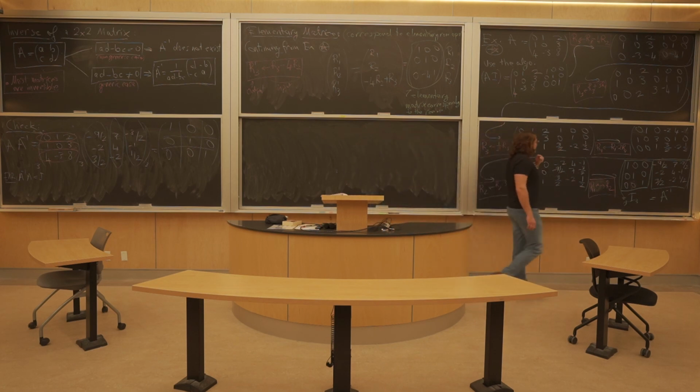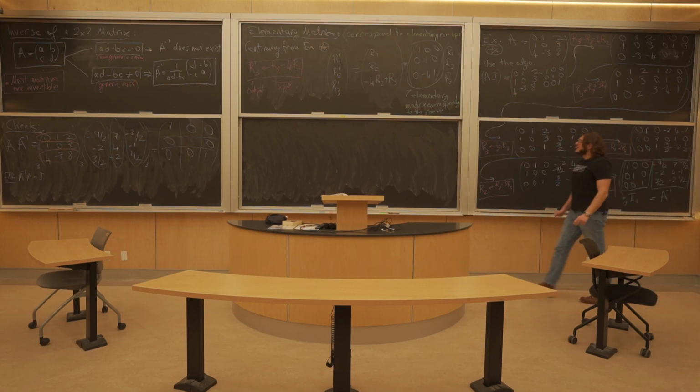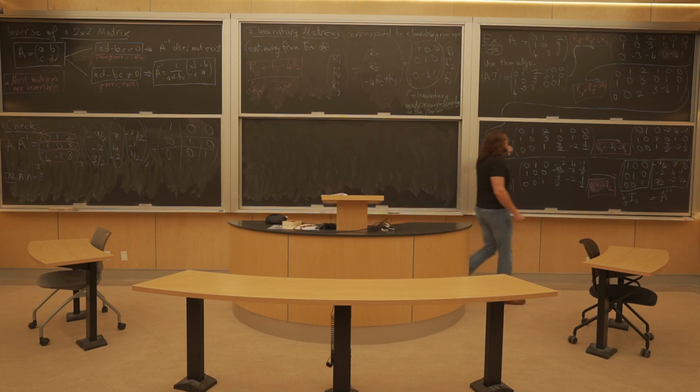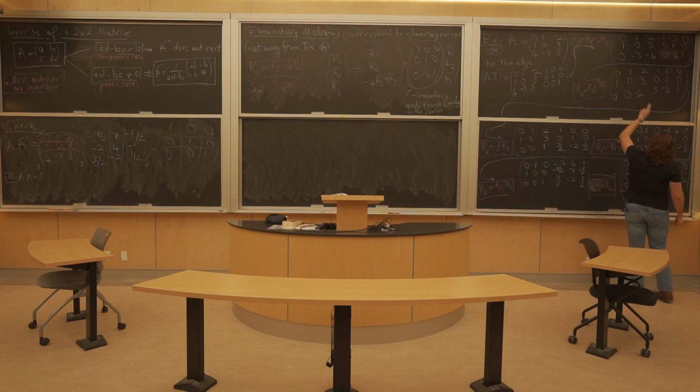If I were to start with A and multiply it from the left by the elementary matrix that corresponds to the row operation that I made here in the first step, I claim that I should get this matrix, okay?